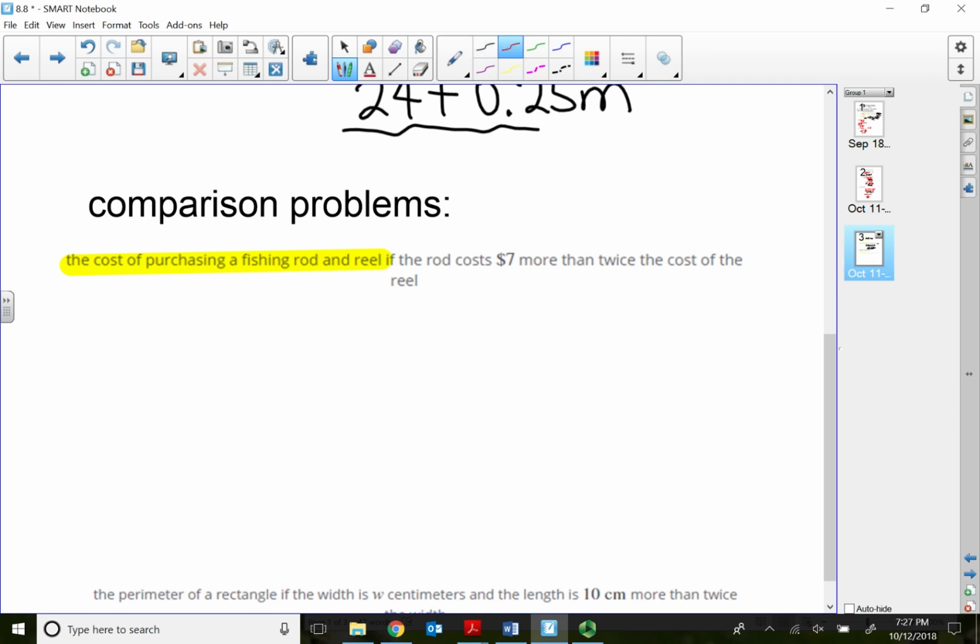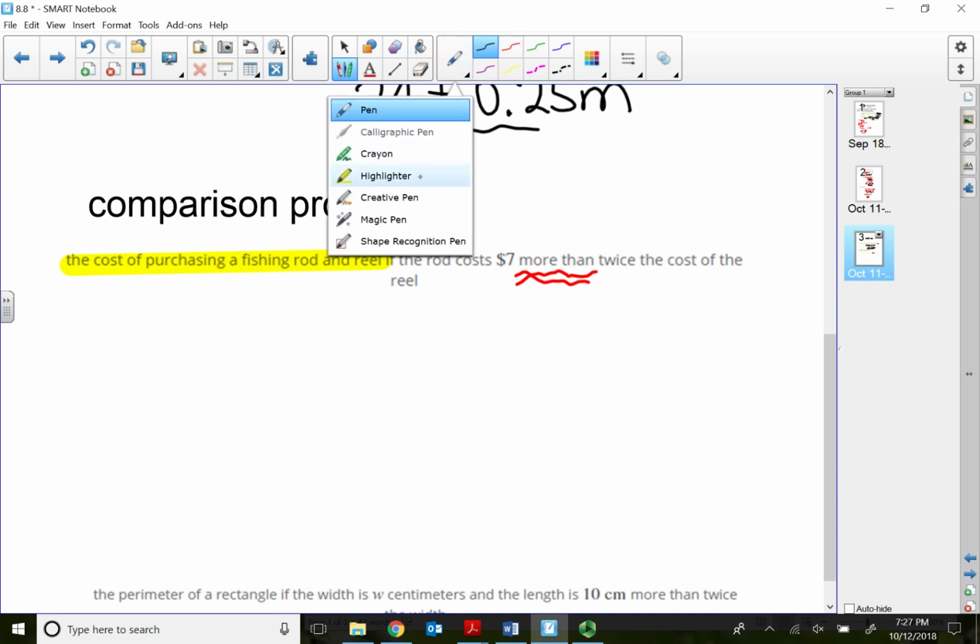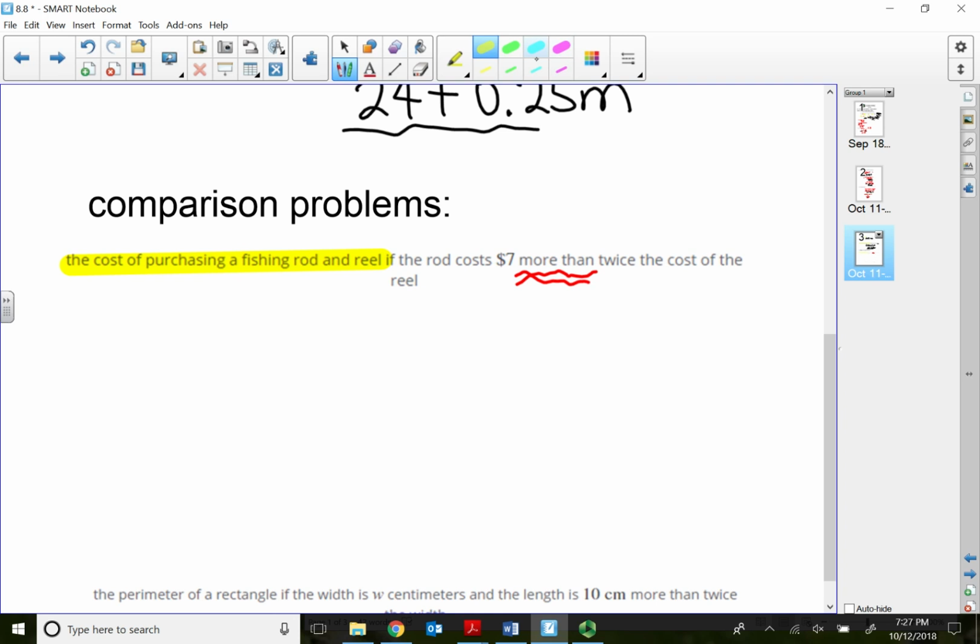Whenever we do a translation problem, you've got to pick up on the translation word, because wherever the translation word is located, that phrase or sentence will contain the items that are being compared. In other words, who is $7 more than twice of who?